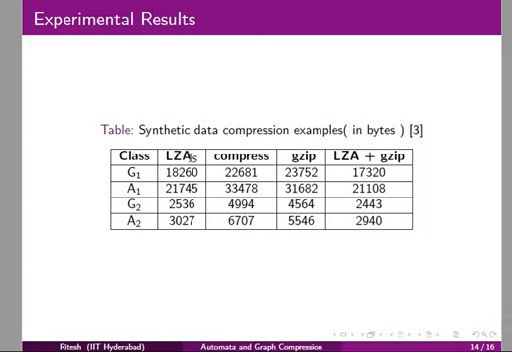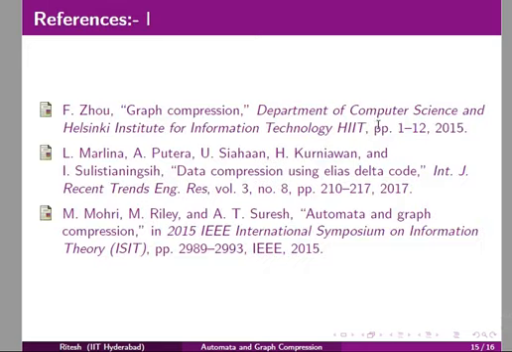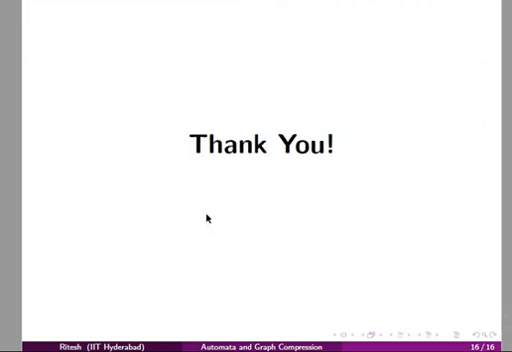And note that for the actual automata from the structure we need the original state numbering, and with the help of that we can easily recover our data. That's why we use this one over the gzip compression algorithm for our graph compression. And these are the references from where I have presented this. Thank you.